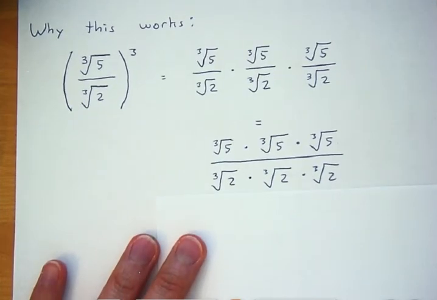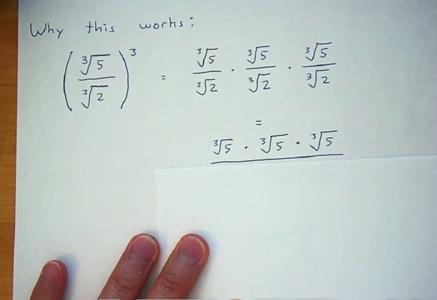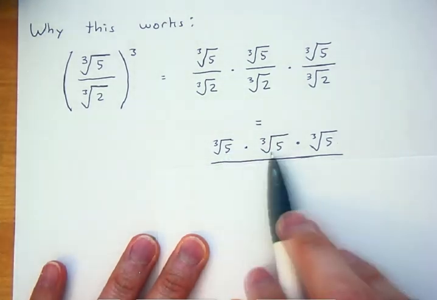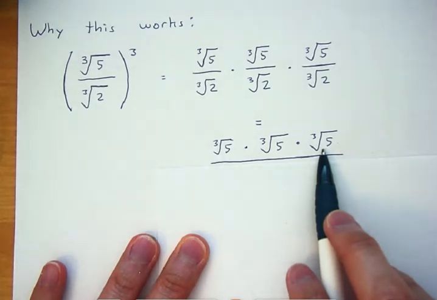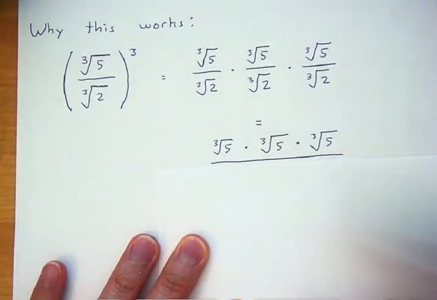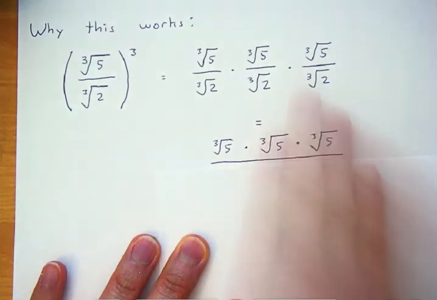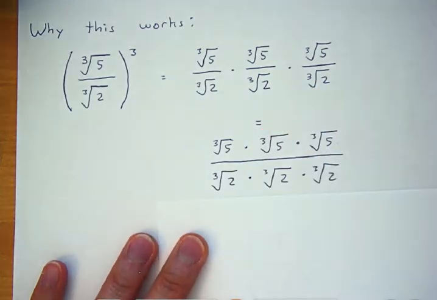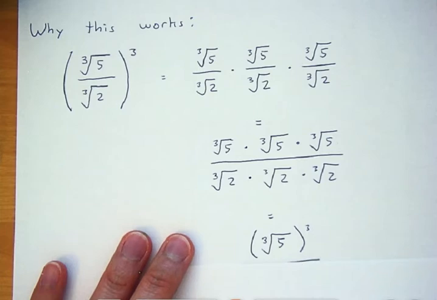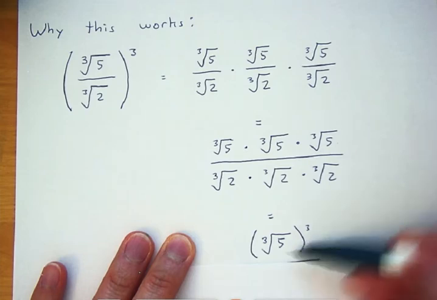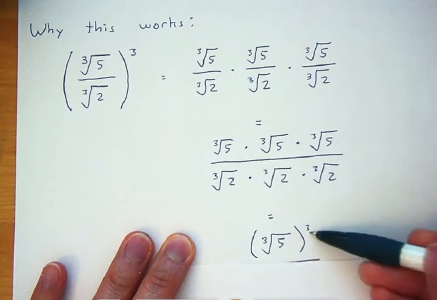If I'm looking at the top here, you have the same thing 3 times, so I can write this as just that to the third power. So the top of this fraction is equal to this, because you have the same thing 3 times.